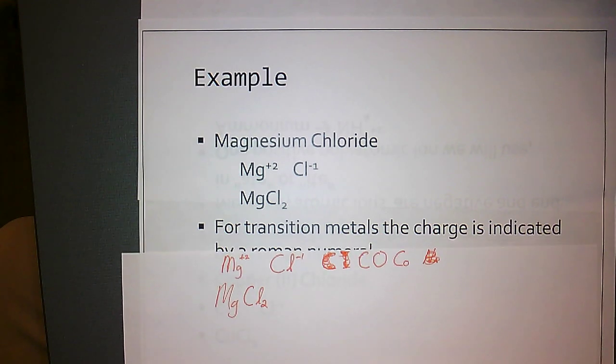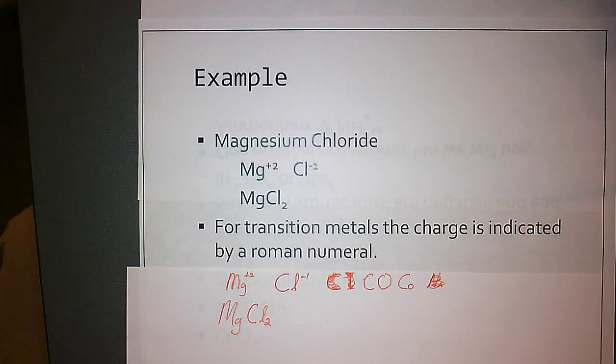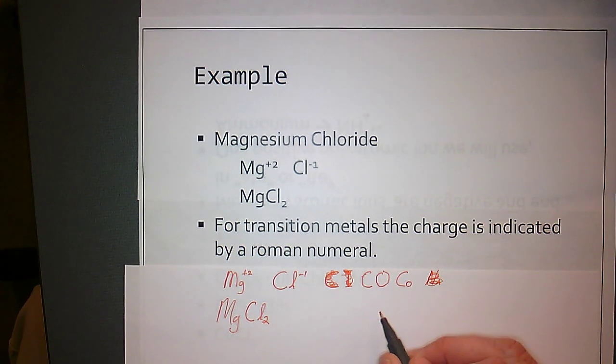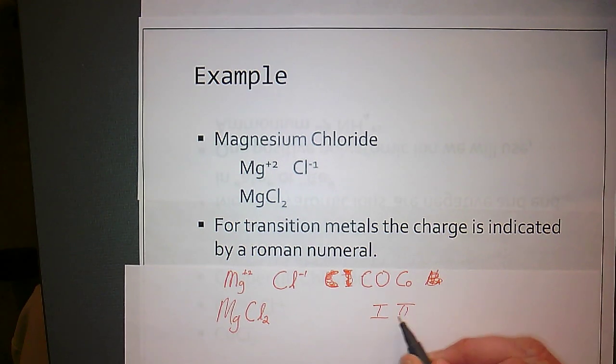Now, let's keep going down. All right, for transition metals, the charge is indicated by a Roman numeral. Now, if you want to put these Roman numerals on the bottom or back of your periodic table, you can. The Roman numeral for 1, does anybody know what it is? I. Roman numeral for 2, II.